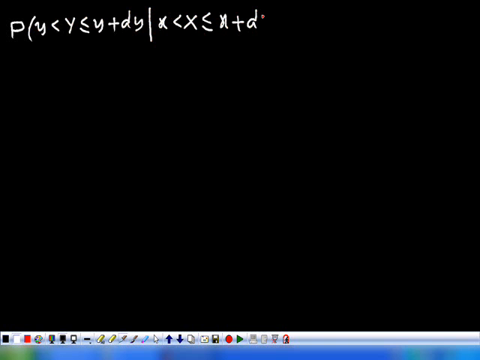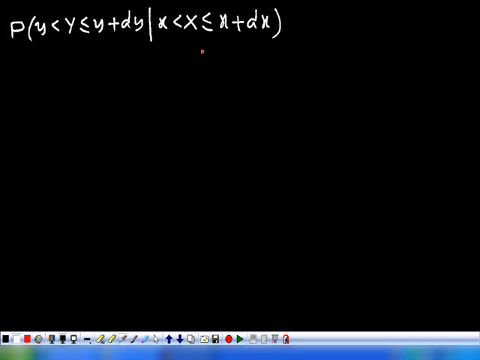Now we consider the probability of y lying between y and y plus dy, given x lying between small x and x plus dx. See, I am following a step-by-step procedure. At the end, we come to know what we are doing. I have understood the previous derivation.